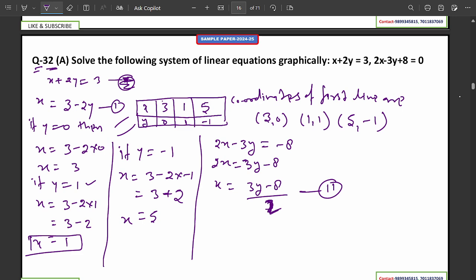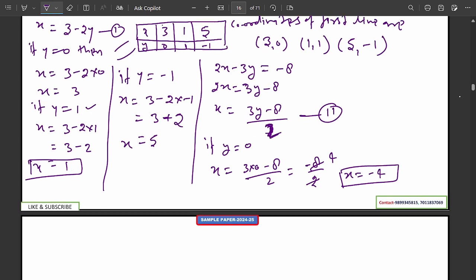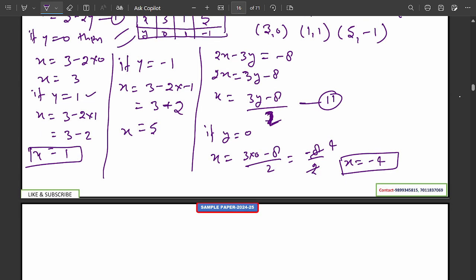So suppose for this relation, if y is equal to 0, then x is equal to (3 multiply 0 minus 8) over 2, so this is minus 8 over 2. So x is equal to minus 4. So for the coordinate, y is 0, x is minus 4.